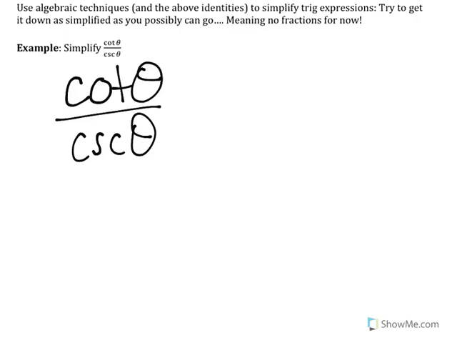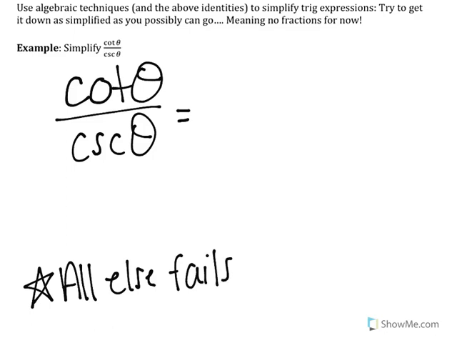And the way we are going to simplify this is we are going to look and say, are there any identities that we can use to put this in terms of sine and cosine? I always say when it comes to identities, all else fails, put in terms of sine and cosine.